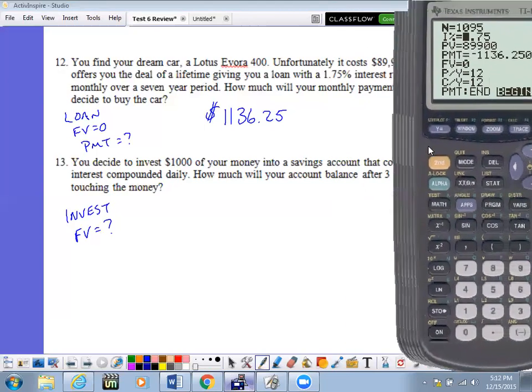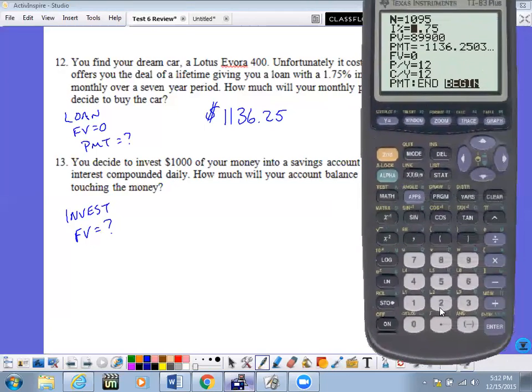Your interest rate, 2.85. Your PV is your initial investment of $1,000, not $10,000, but just $1,000. Your payment is 0. We're not doing any type of payment, so your payment is 0. Your future value is what we're solving for. Payments per year is going to be the same as your compounds, which is 365, and then solve for your future value.